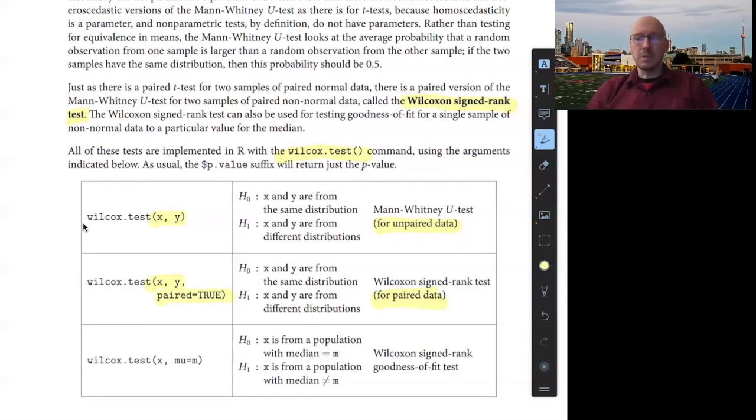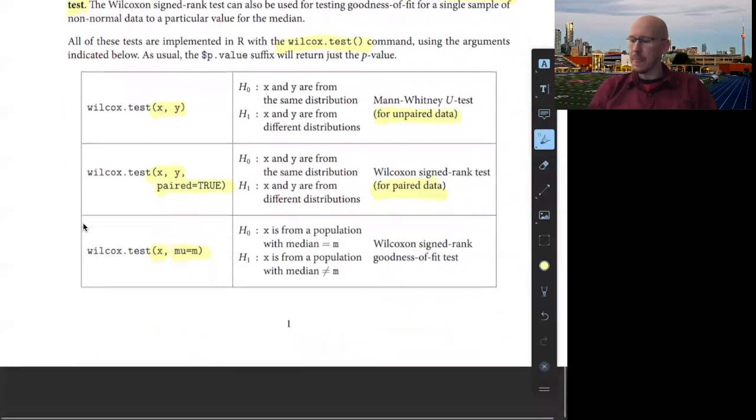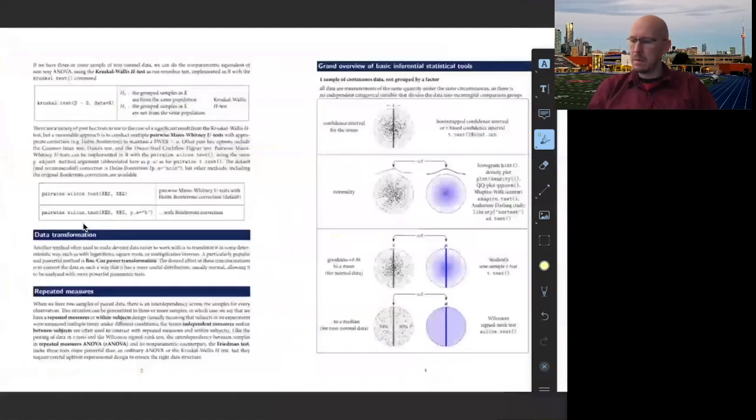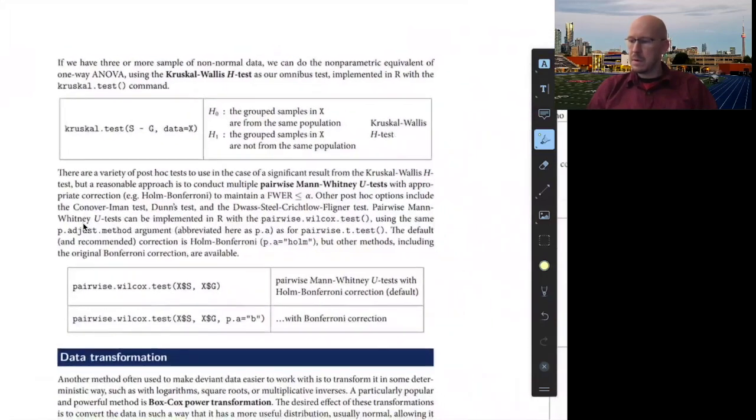And if instead you only have one sample, a single X, and you want to compare it to some particular median mu, then you use wilcox.test as well. And this is a goodness of fit to a particular median. Now, that's if we've got one or two samples.